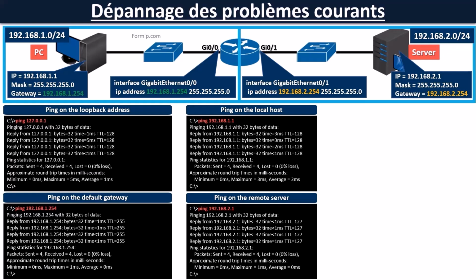That means that IP communication between the PC and the remote server is good. The remote physical network is functioning. If all these steps are correct, and there is always a communication problem with the server, it is because there is probably a problem of name resolution, in which case you should think about checking the DNS settings.